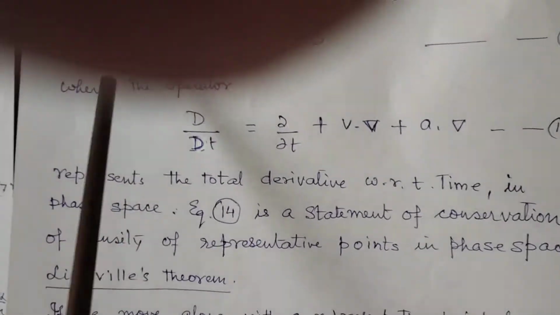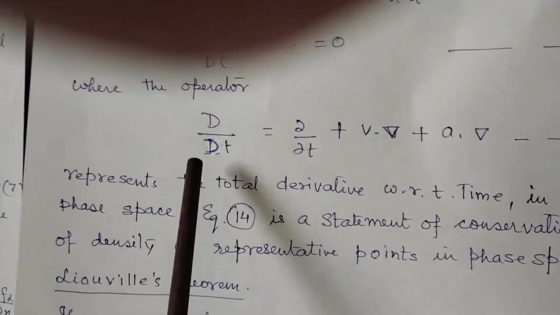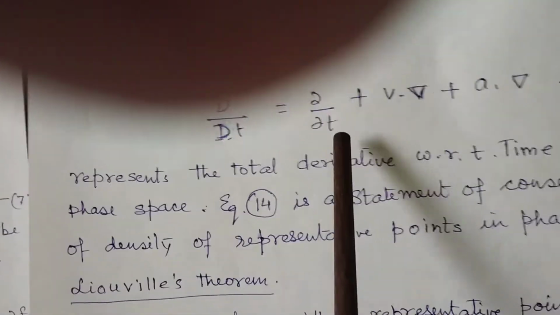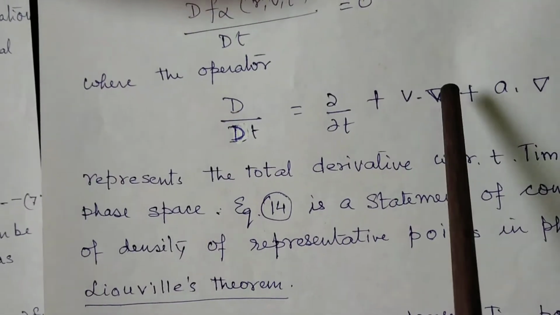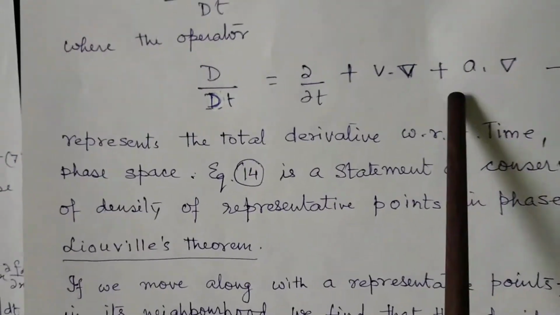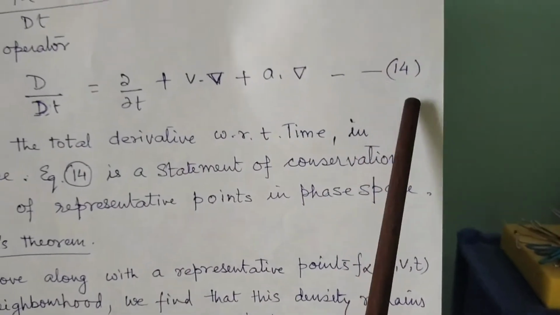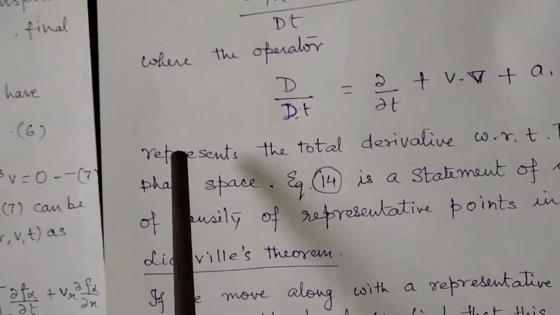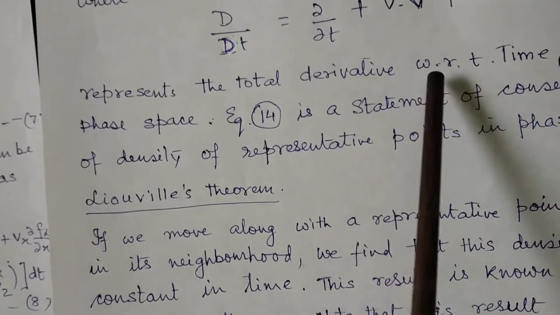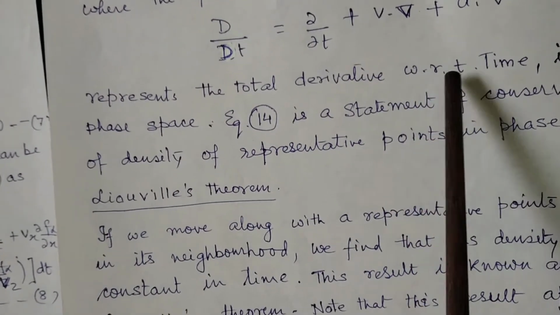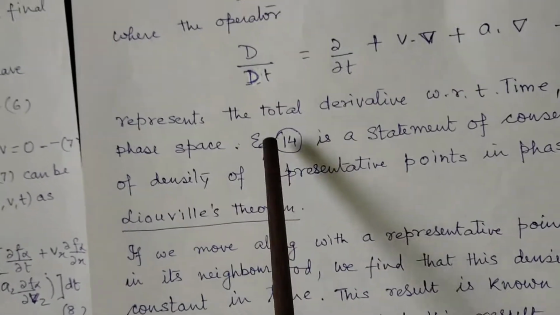This is equation number 13, where the operator capital D divided by dt equals ∂/∂t plus v dot del plus a dot del_v. This is equation number 14. It represents the total derivative of the distribution function with respect to time in phase space.